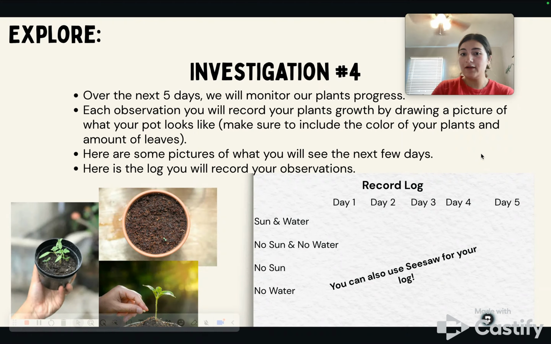So for day 1, for the no sun, no water, no sun and no water, sun and water, all of our pictures should look the same, right? And then day 2, day 3, day 4, and 5 is where we're going to see the differences come in. So over the few days, we're going to draw our pictures and color our pictures of what we are observing our plants to look like.